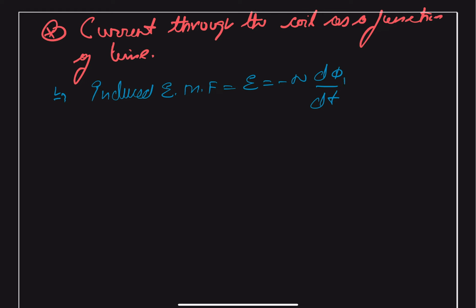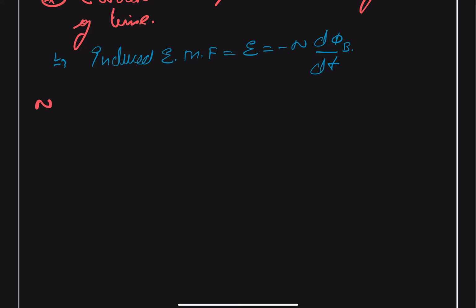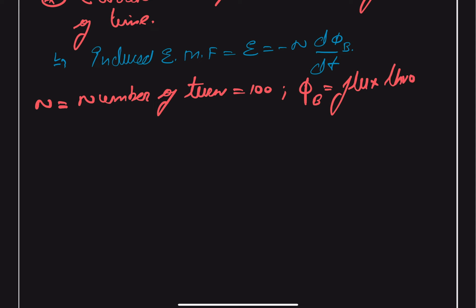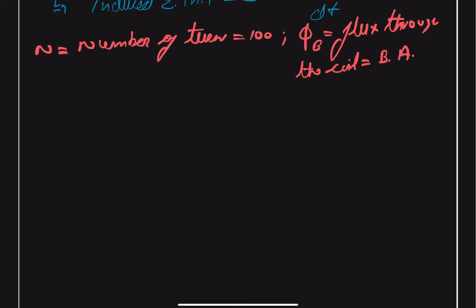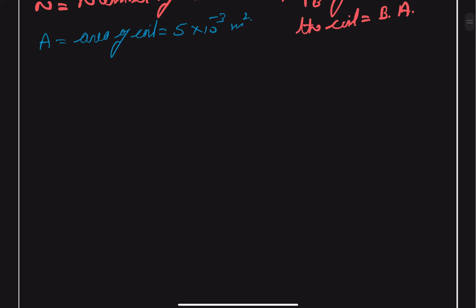So let us write this as phi b, and n is our number of turns, which is given as 100, and phi b is the flux through the coil, which is our magnetic field multiplied by area, and area means area of coil, which is 5 into 10 to the power minus 3 meter square.